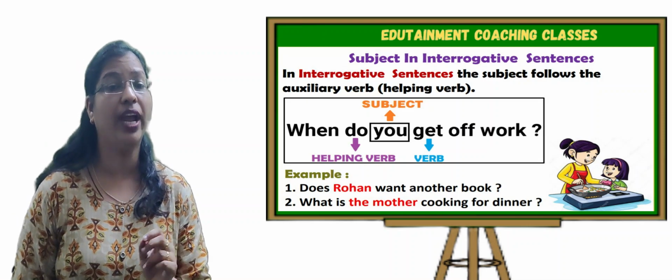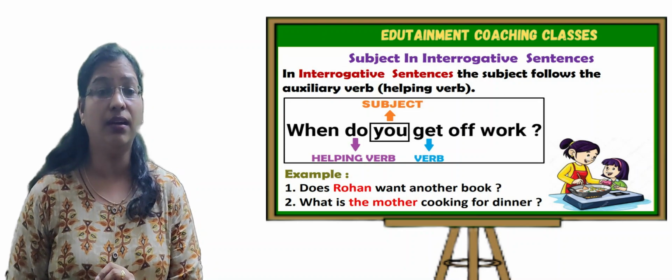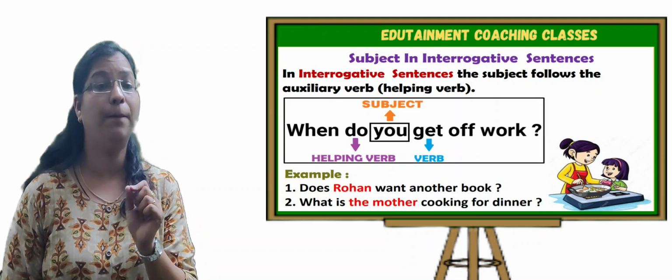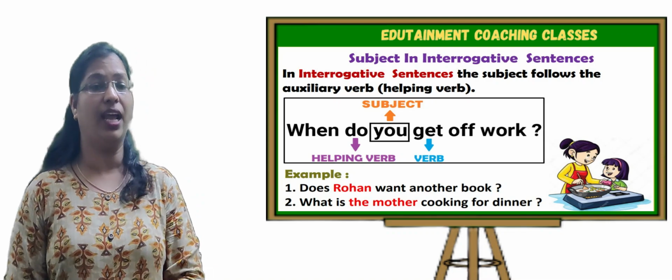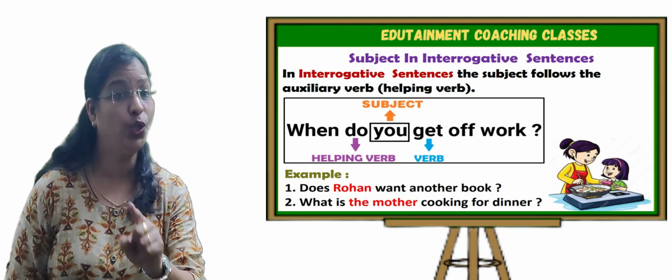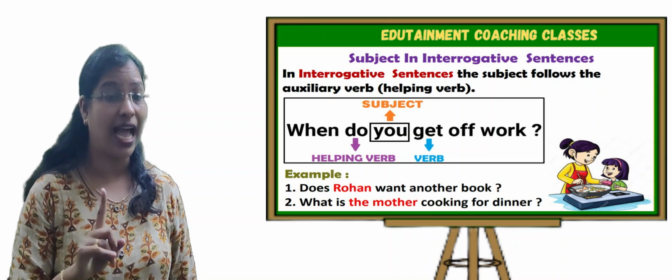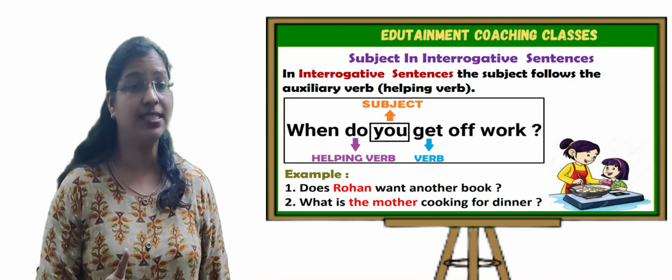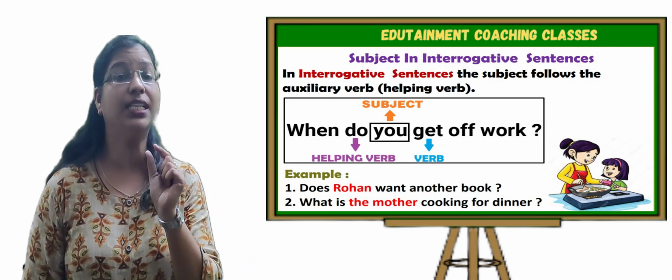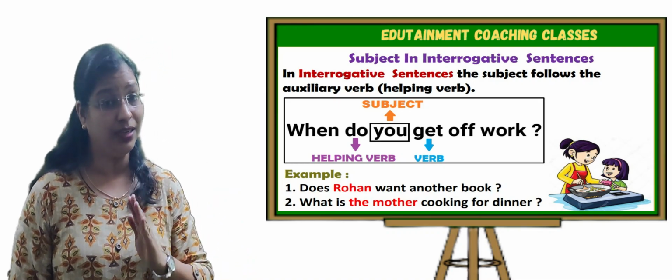So when do you get off work? So here the subject is placed after the helping verb. So here you is the subject. I hope you are understanding that in interrogative sentences the subject is placed after the helping verb.